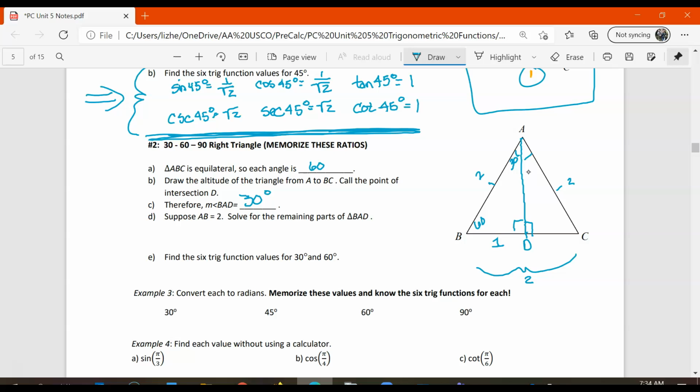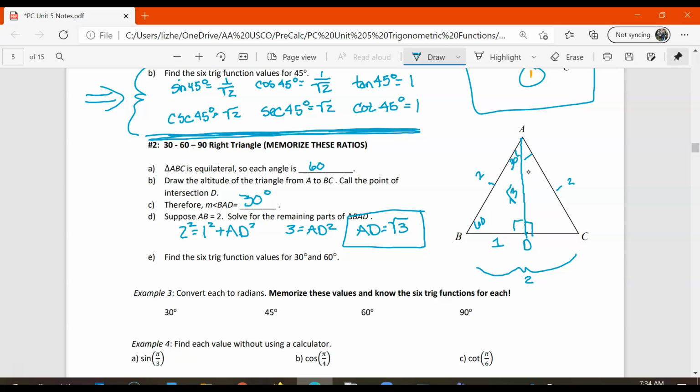The hypotenuse is 2, so I'm going to say 2 squared equals 1 squared plus AD squared. So 4 equals 1 plus AD squared. So 3 equals AD squared, and we know that AD is the square root of 3. So this right here is the square root of 3. And that is our special right triangle, 30, 60, 90.